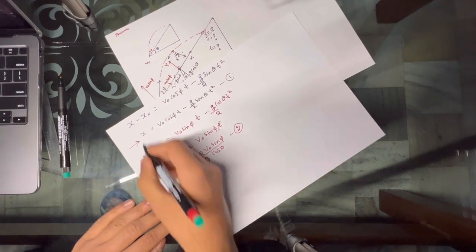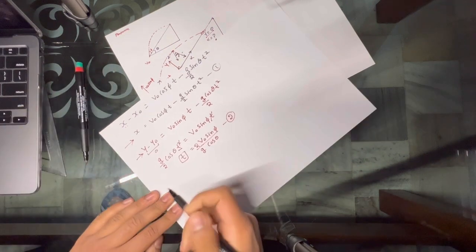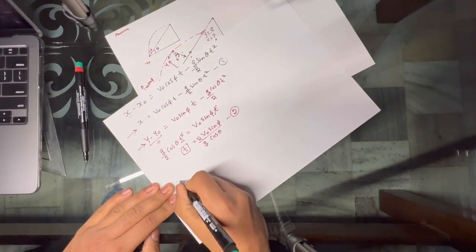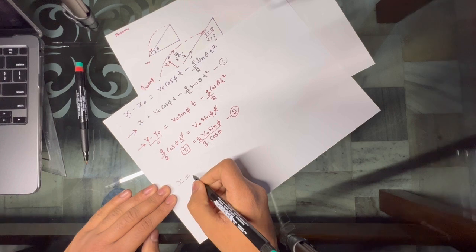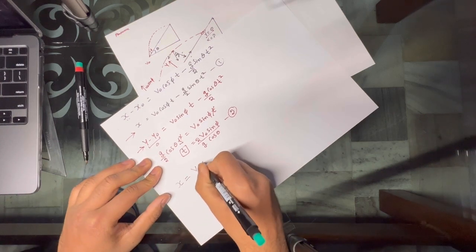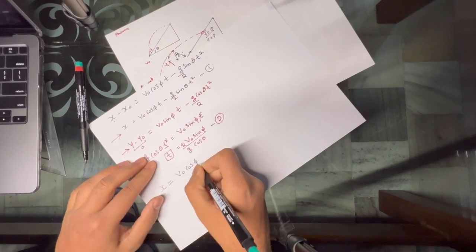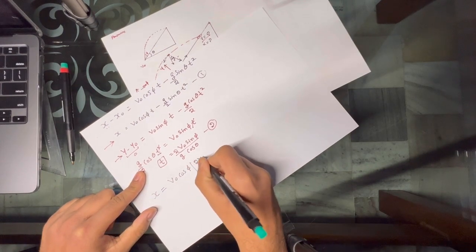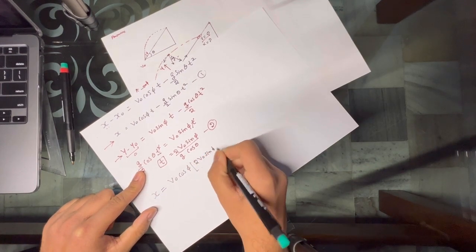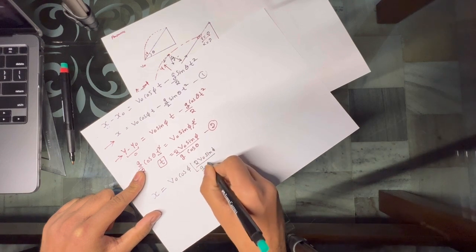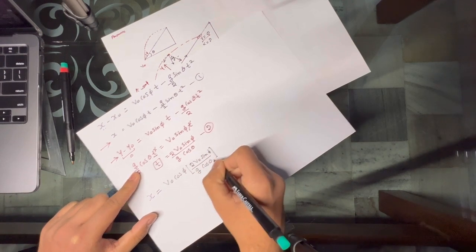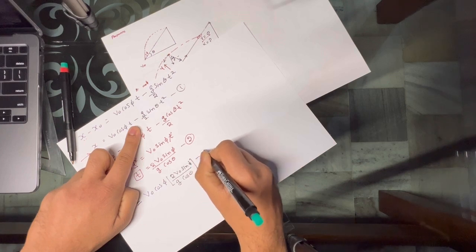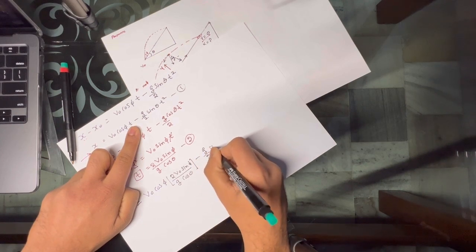So we have x. Let's write it down with black pen. We have x is equal to v naught cos phi, and t is here, 2 v naught sin phi upon g cos theta. Okay, so the second term: minus g by 2 sin theta.